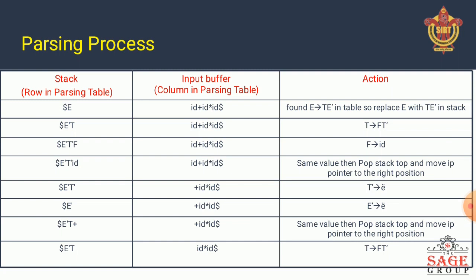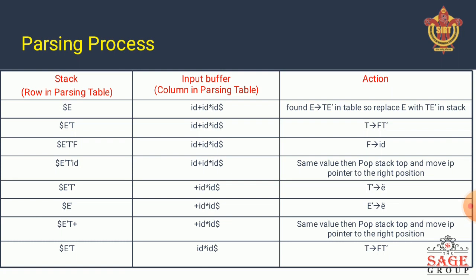So we push E dash first and then T. The structure of the stack is first dollar, then E dash, then T, and there is no change in the input tape. Now we find that the top of the stack is T, and the input pointer is at id.